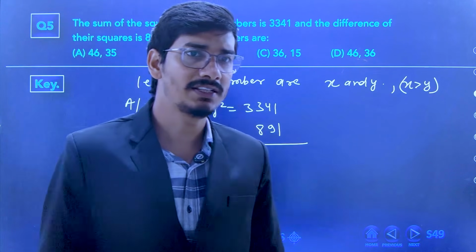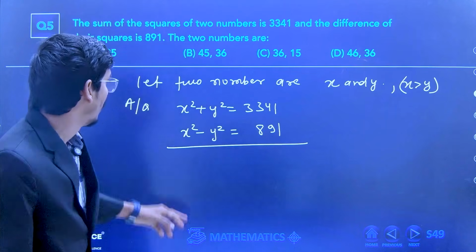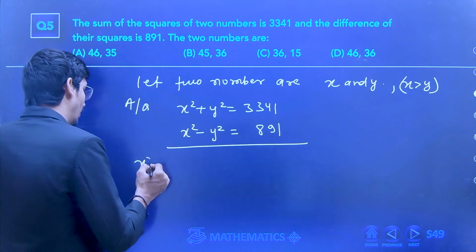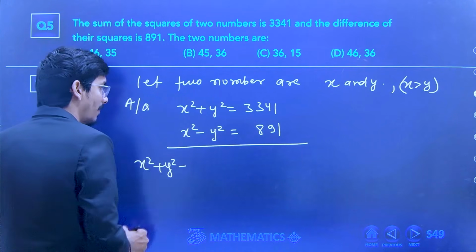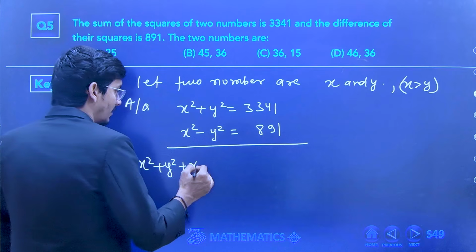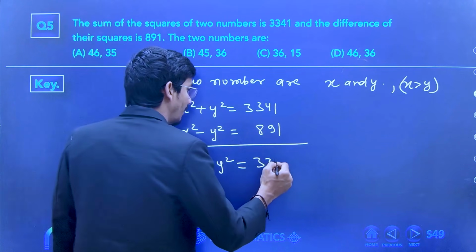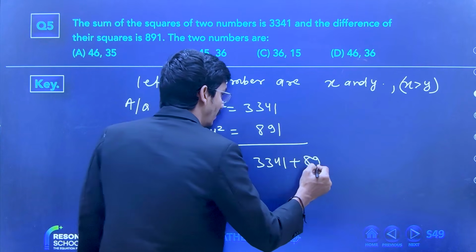Now I am adding both the equations. When we add these equations, on the left hand side we get x square plus y square plus x square minus y square, and on the right hand side 3341 plus 891.